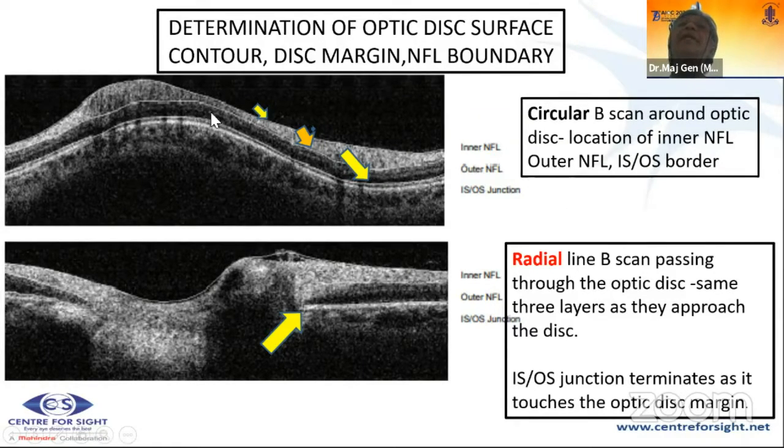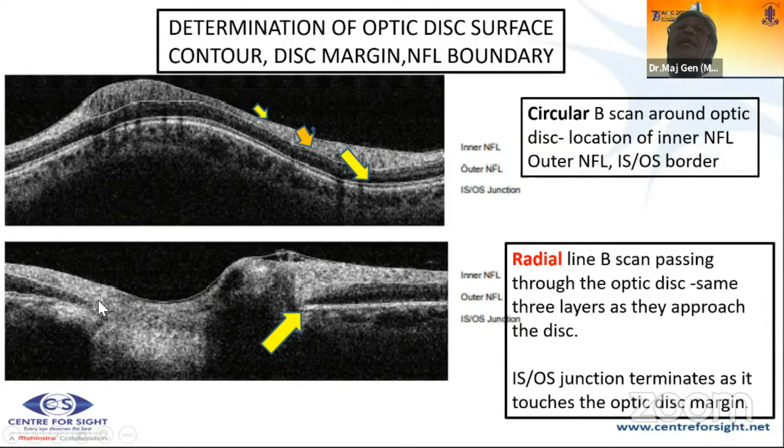By this, we get certain bright layers. The first bright layer is the inner retinal nerve fiber layer. Then comes the second bright layer, the outer retinal nerve fiber layer. Finally, we come to the ISOS junction, where the RPE ends, and this is a very important thing.